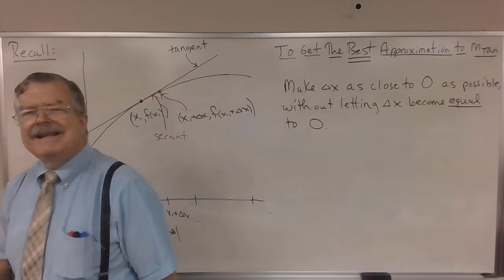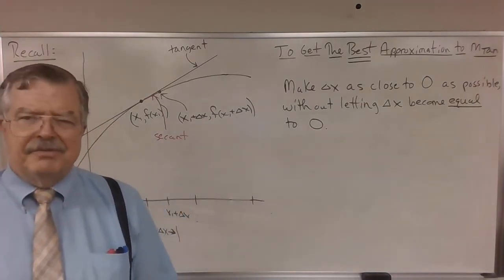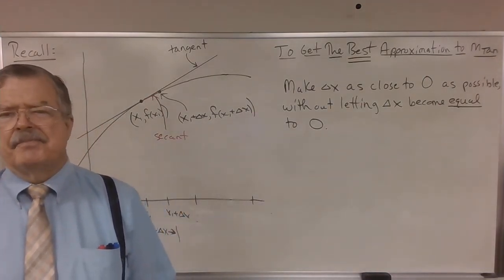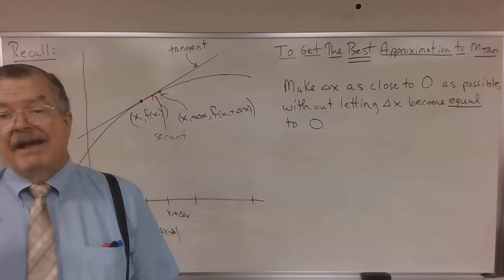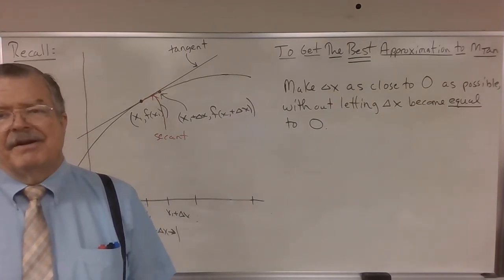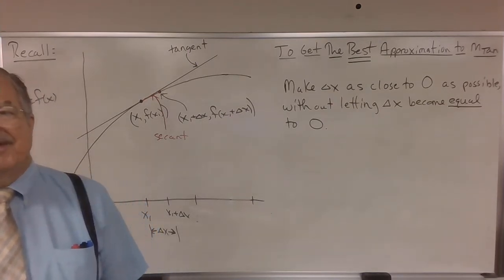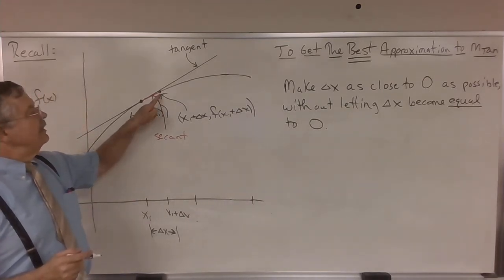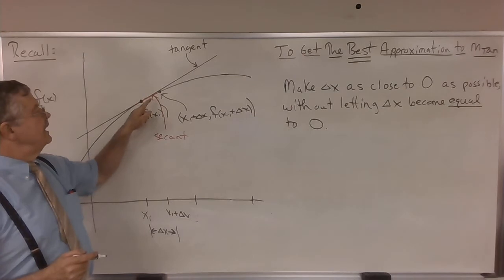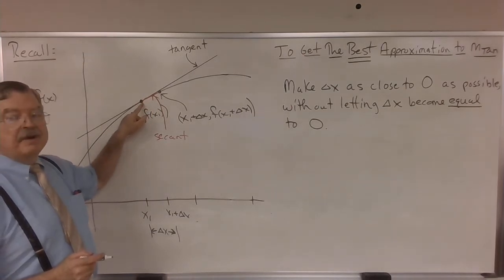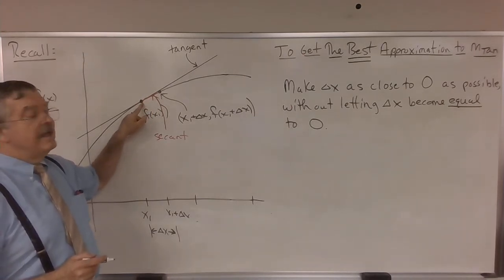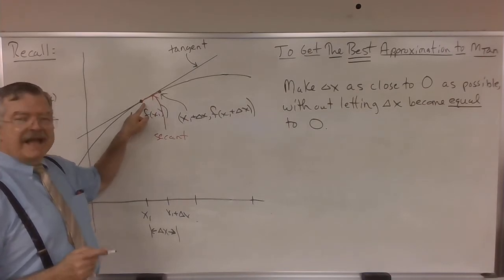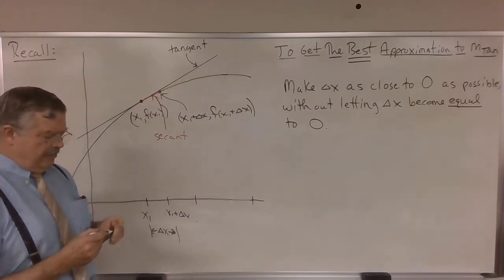We want to make delta x as close to 0 as we can without actually letting delta x become equal to 0. If we do that, we will be allowing the endpoint of the secant to become as close to the point of tangency as possible without these 2 points actually becoming one and the same point.